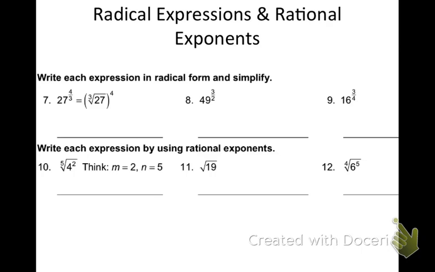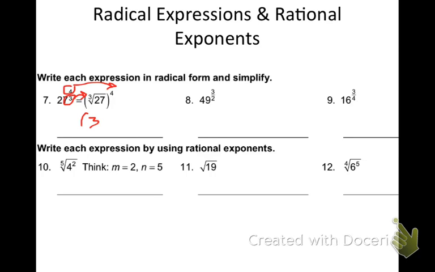I have 27 to the 4/3 power. 27 to the 4/3 power means my denominator is my root. My numerator is my power. And I'm going to take it step by step on this. So I have to think, first of all, what's the cube root of 27? What times itself 3 times gets me to 27? It is 3.